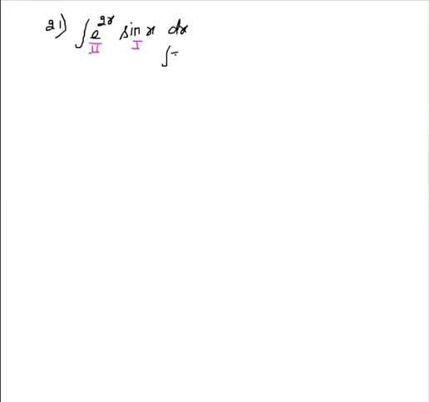The formula is integration by parts formula. First function into integral of the second function minus integral differential of the first function into integral of the second function dx and plus c.